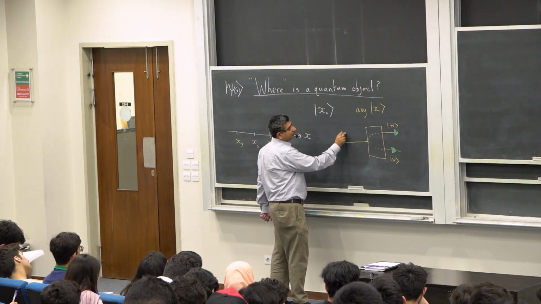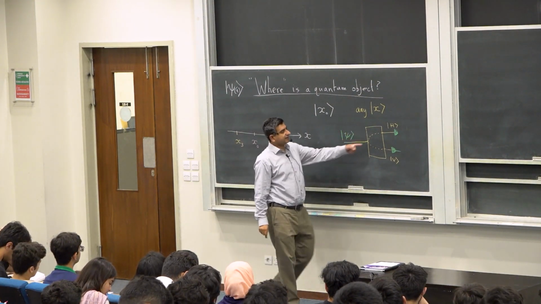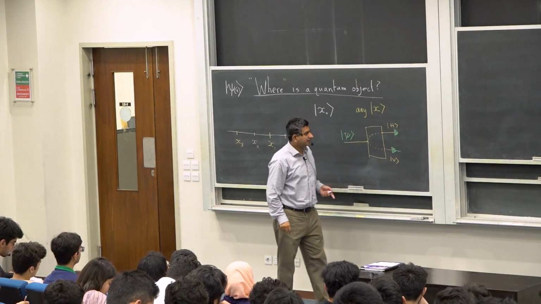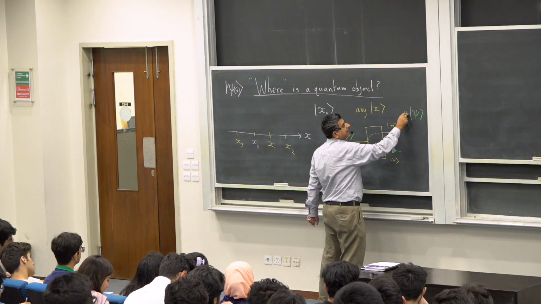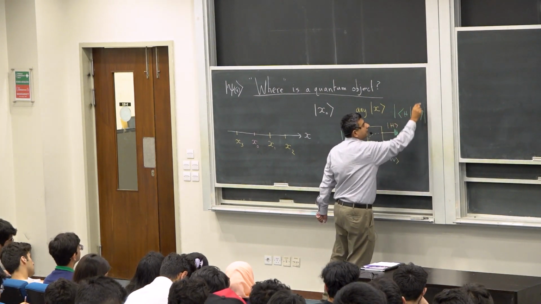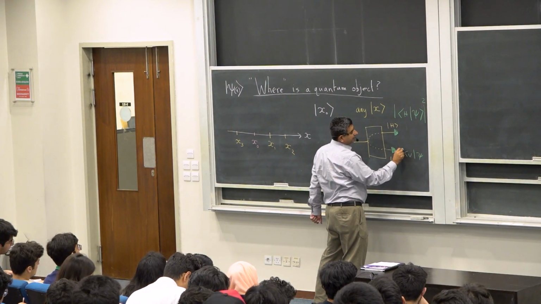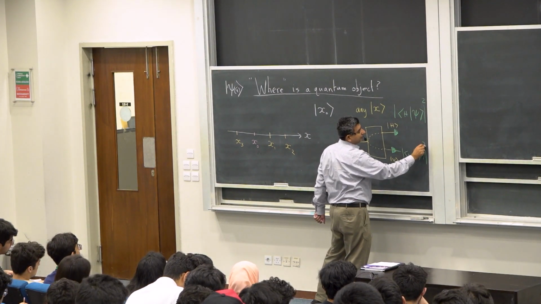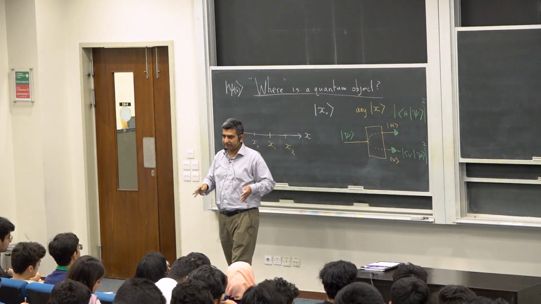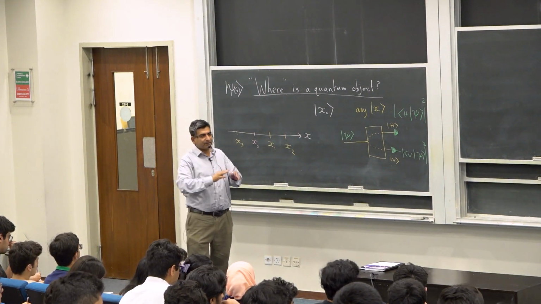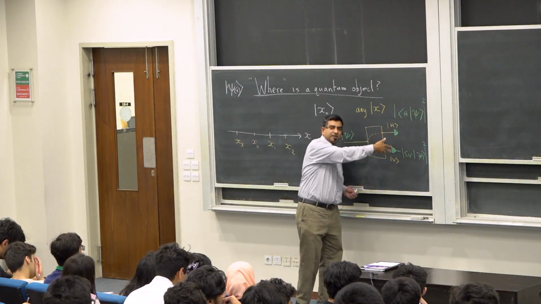So you input a quantum state psi, which is the polarization state, and this detector clicks with some probability. That probability is given by the overlap of the input state with ket H, modulus squared. This probability is the overlap with ket V, modulus squared. So H and V form your measurement axes, your measurement basis. You're very familiar with this idea.